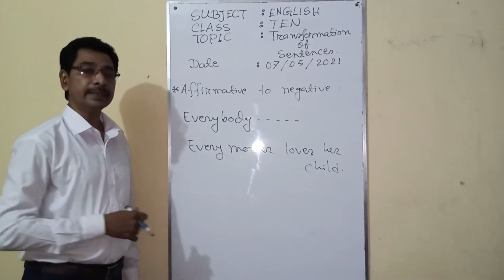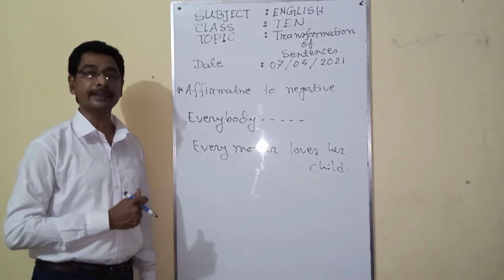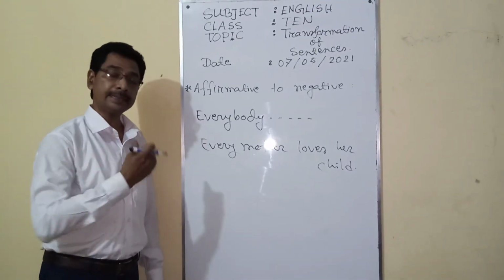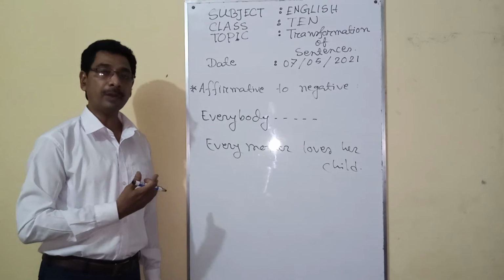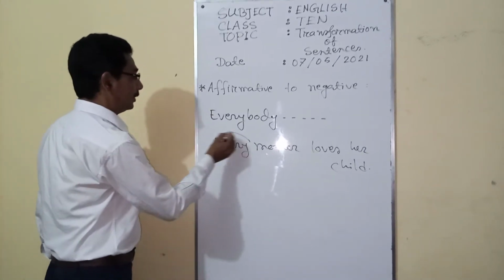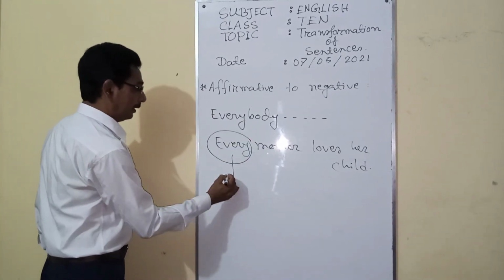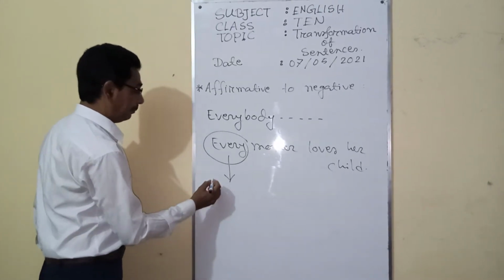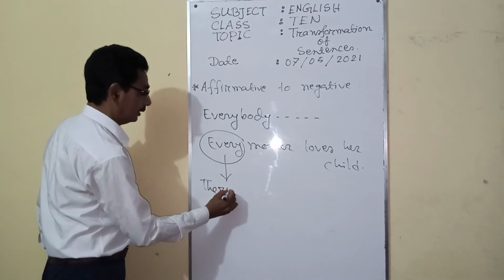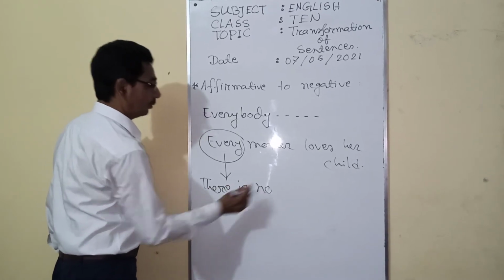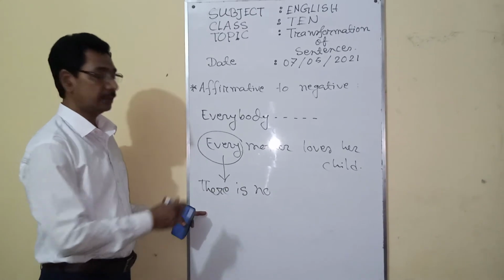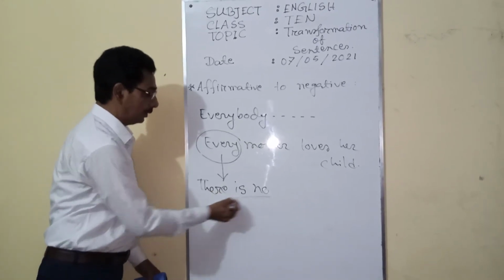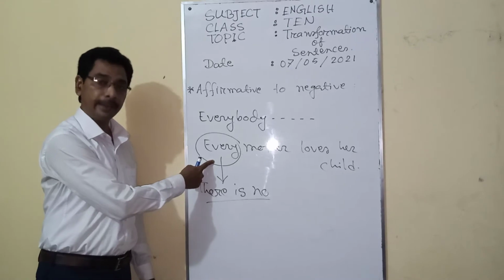If you find such an affirmative sentence including every, how will you change it to negative? You have to write down, against every, there is no.